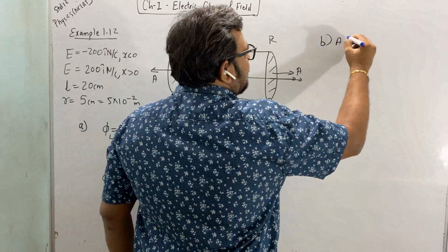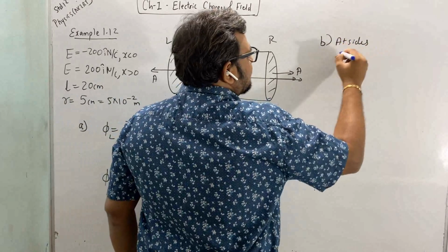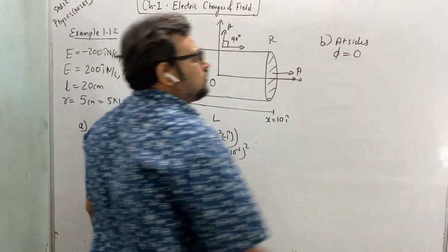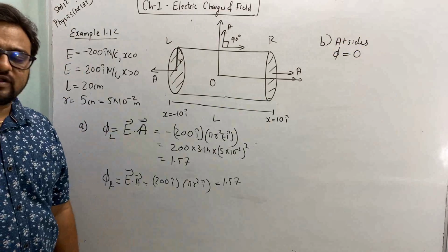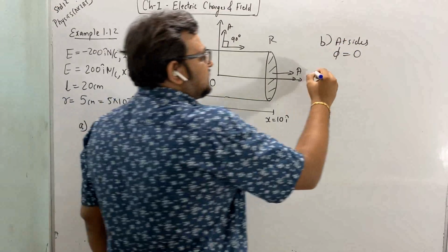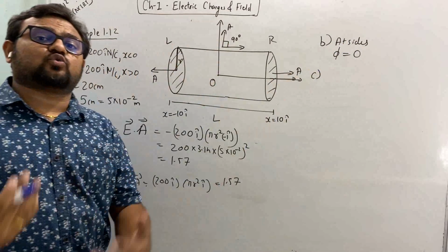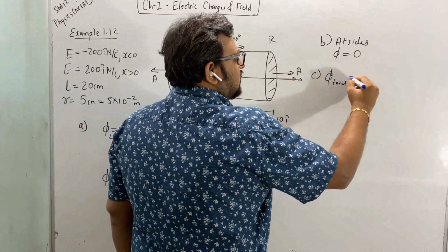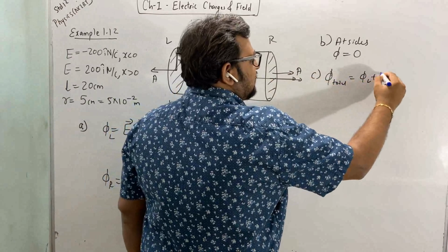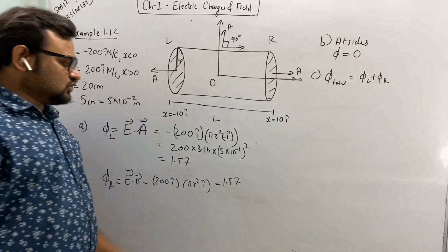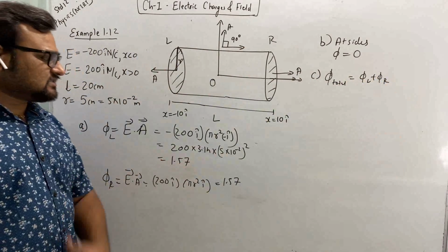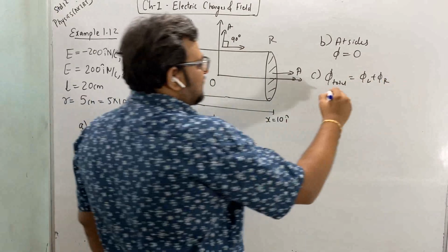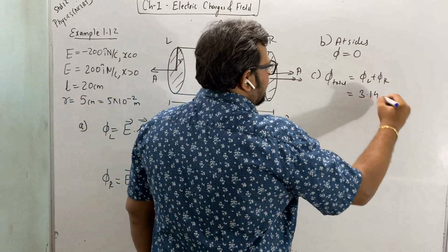So at the sides, flux is equal to 0. Clear? Question C, the total outward flux. The total flux will be flux on left plus flux on right. So 1.57 plus 1.57 will be equal to 3.14.